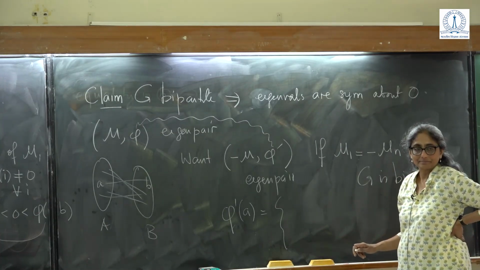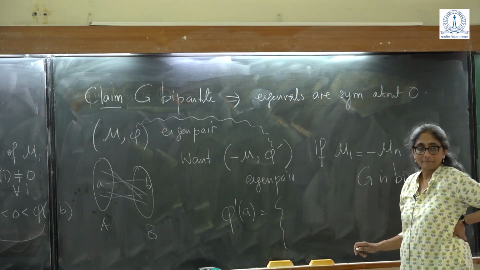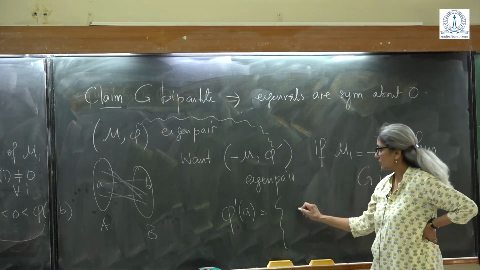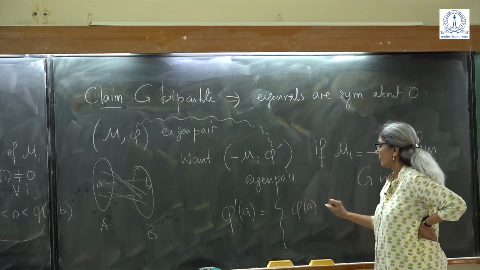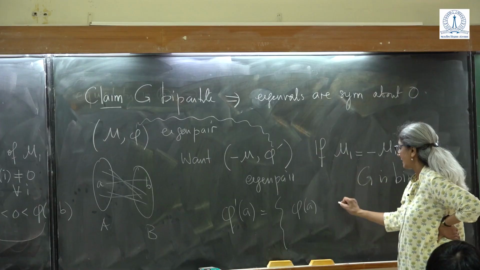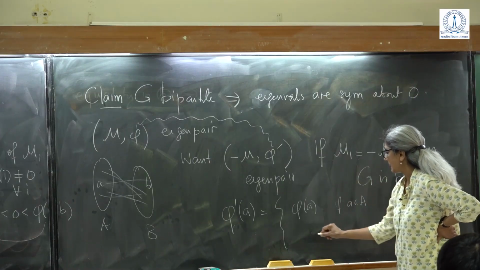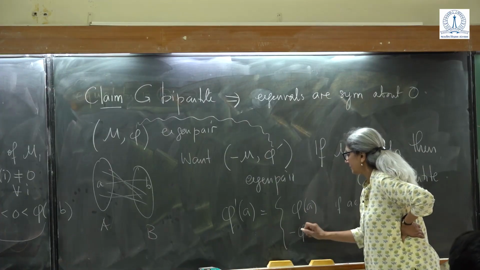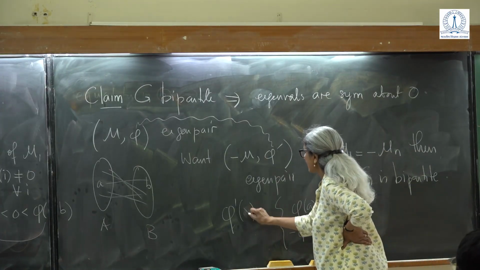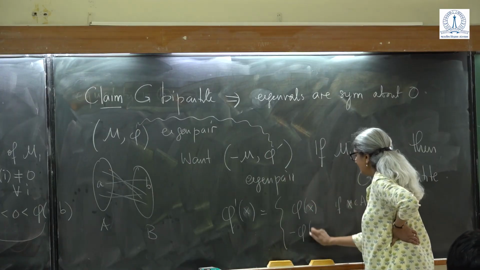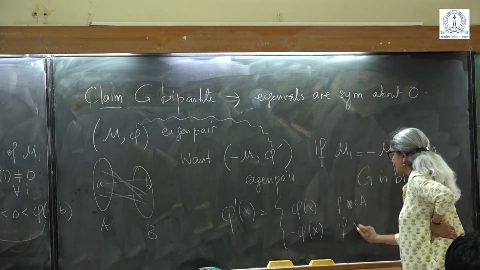For the second part, it will take little minus y or something like that. Yeah. Just change the sign. Okay. So we say this is phi of x if x lies in big A, and minus phi of x if x is in B.